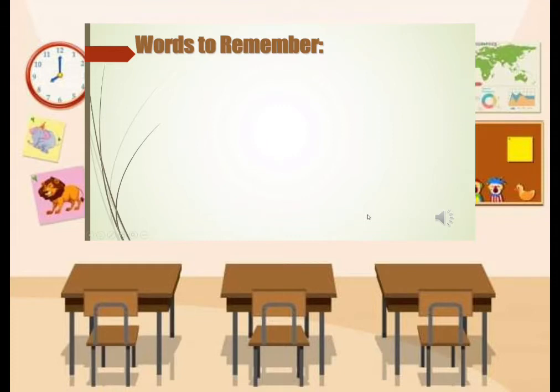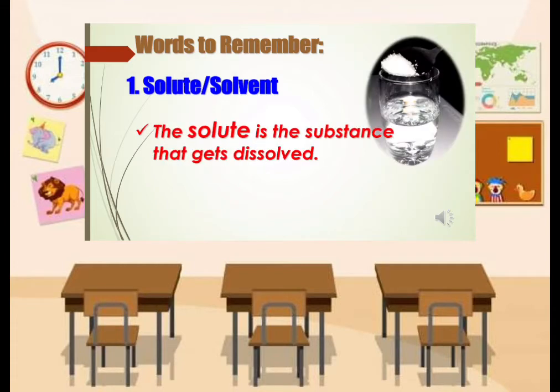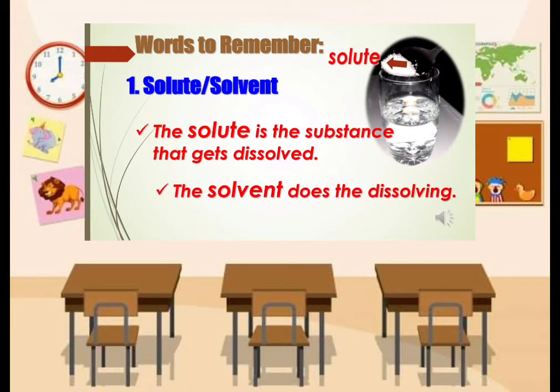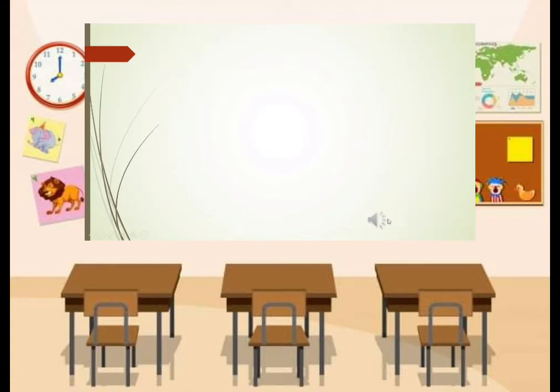Words to remember. Number 1, solute and solvent. The solute is the substance that gets dissolved, while the solvent does the dissolving. Number 2, soluble and insoluble.